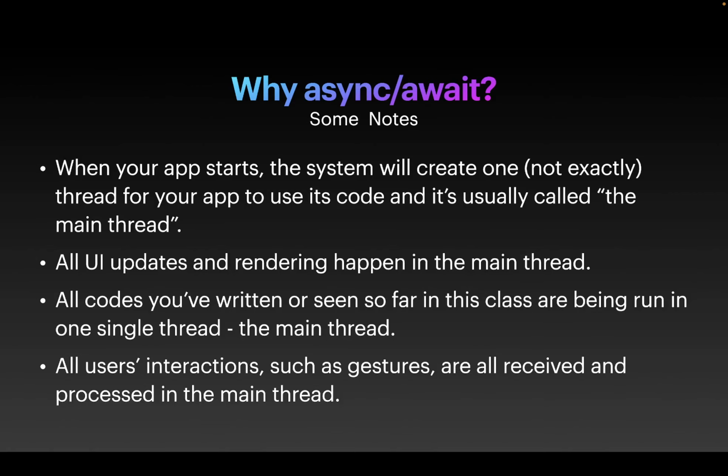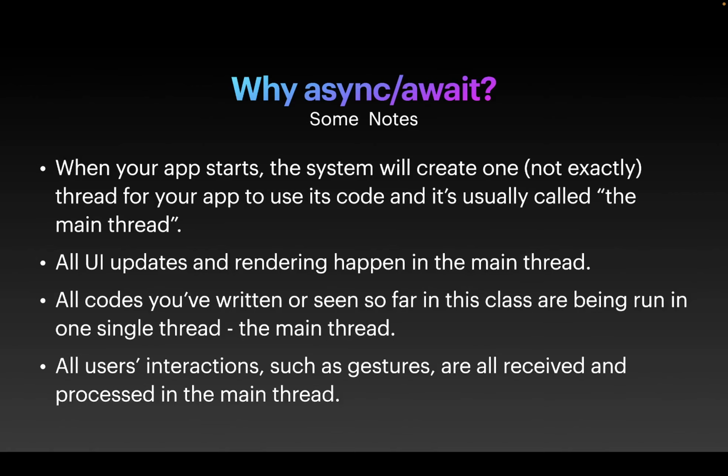That thread is used for your app to run its code. So for your app, everything is happening on the main thread, just one thread, and all your updates and rendering happen in the main thread.